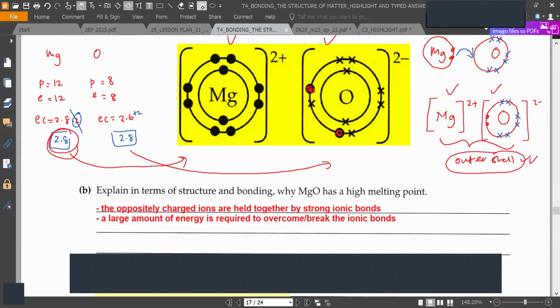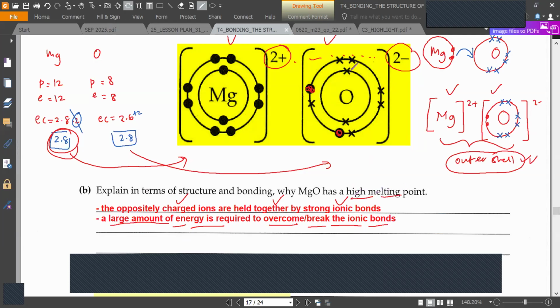This is because we form oppositely charged ions, held together by strong ionic bonds, electrostatic attraction. So a large amount of energy is required to overcome or break the ionic bonds. There are millions and millions of these attractions, so we need lots of energy to break them. That's why it has a high melting point.